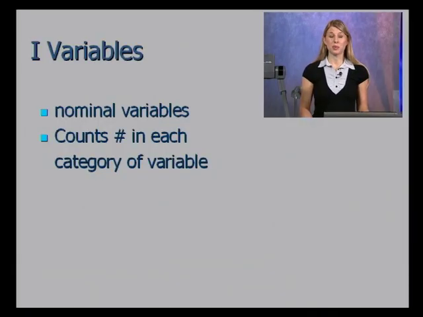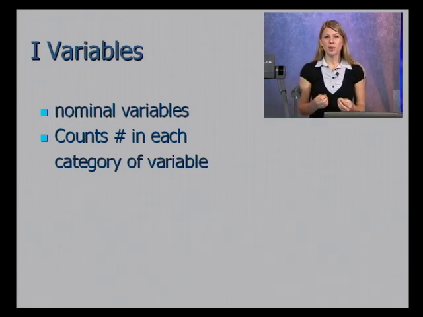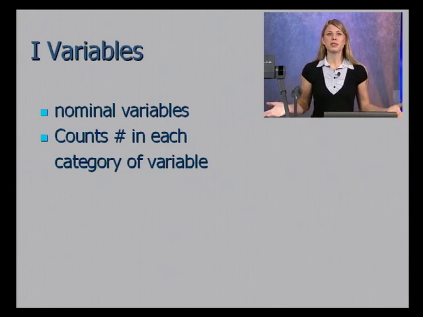All right, so first, the type of variable. You remember back at the beginning of this class when we talked about different variable types. When you have a variable or multiple variables that are only nominal, so only categorical, then you would want to use a chi-square. You might be thinking, well, if it's only a categorical variable like hair color or eye color or blood type, or sex, male or female, then what numbers do you use?